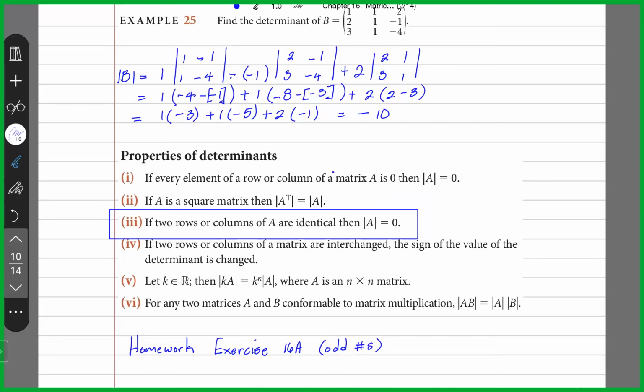For any two matrices A and B conformable to matrix multiplication, the determinant of AB is equal to the determinant of A times the determinant of B. For exercise 16A, your homework is all of the odd numbers.